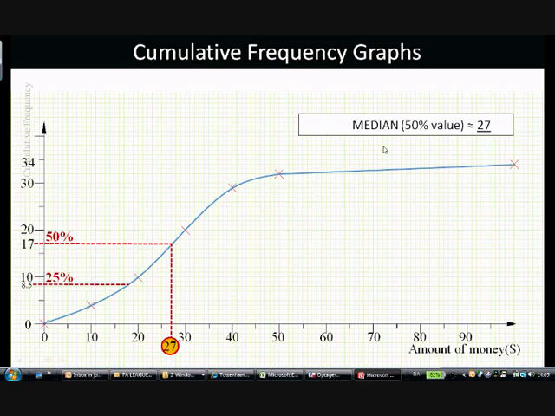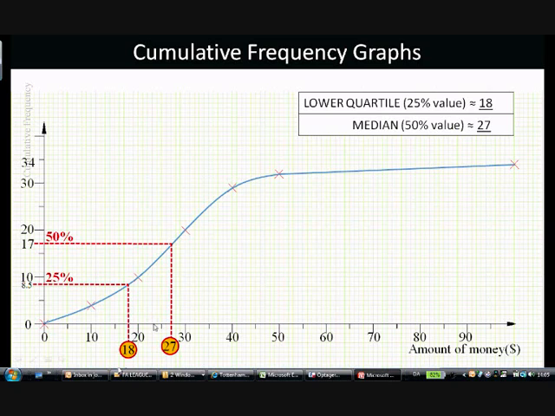Similarly, I've just written there median 50% value about $27, and then 25%. Well, 25% of 34 is 8.5, so a quarter of 34 is 8.5 in other words, and that corresponds to $18.